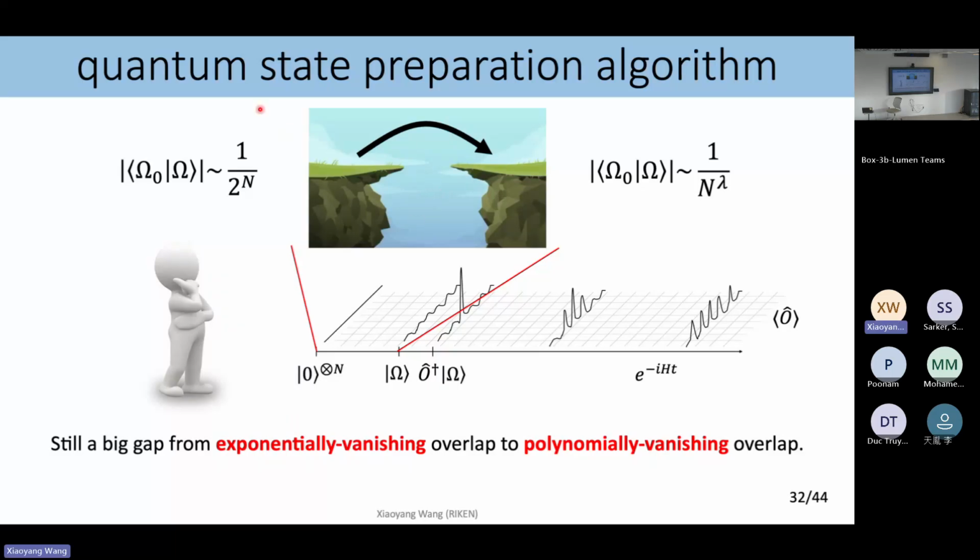Quantum state preparation algorithms are used to increase this overlap from exponential to polynomial scaling. However, for the current quantum algorithms, there is still a very big gap from exponentially vanishing overlap to polynomially vanishing overlap.